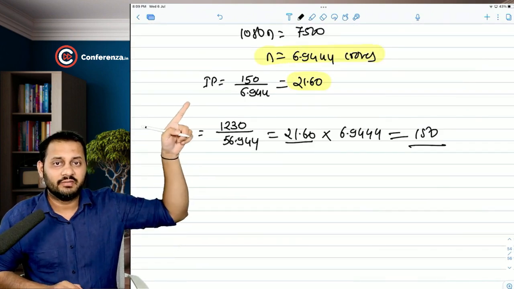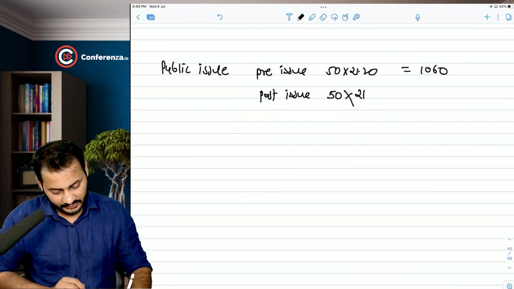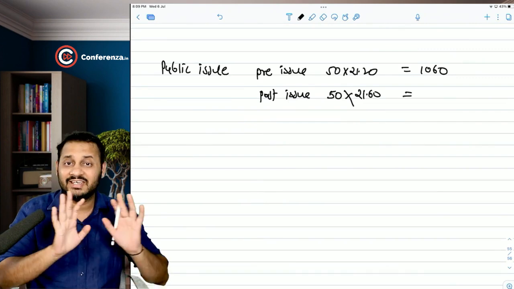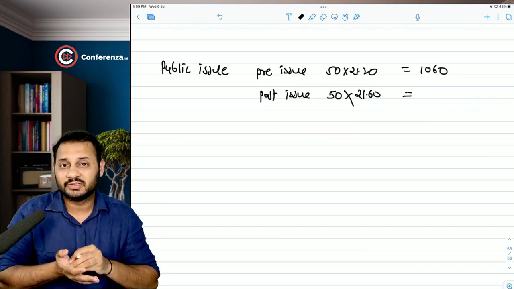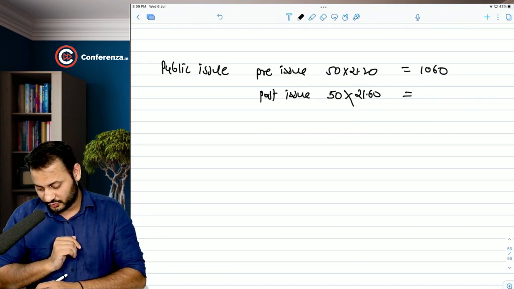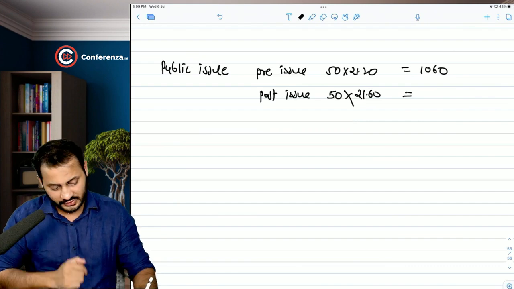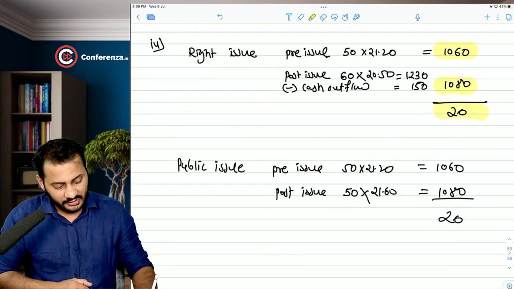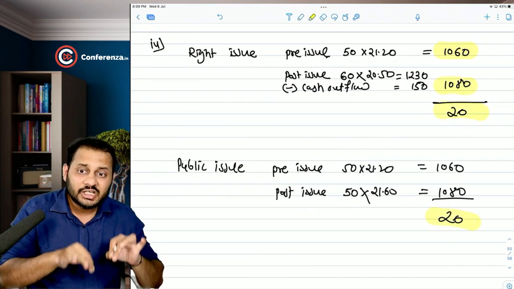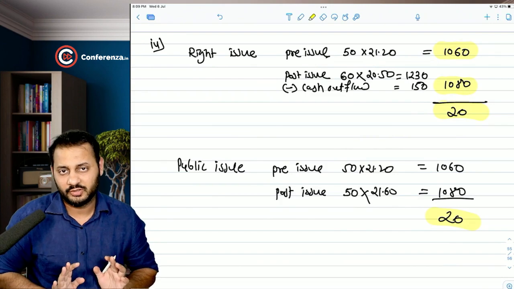Do you understand? 21.60. Calculate it. And they did not do anything. The new shares have been purchased by the new shareholders. So 50 into 21.60, it's 1080. Again the benefit of 20. In both the cases, the benefit to the existing shareholder is 20 only. Get it?